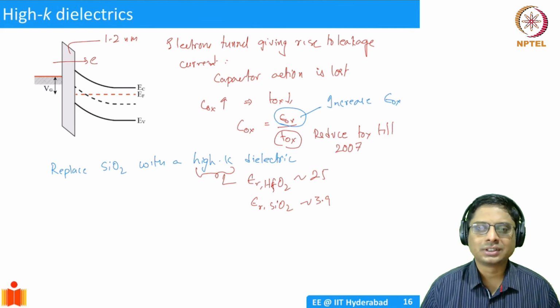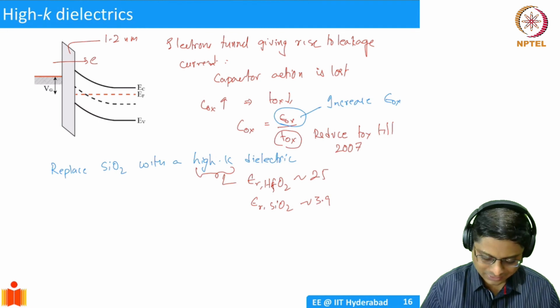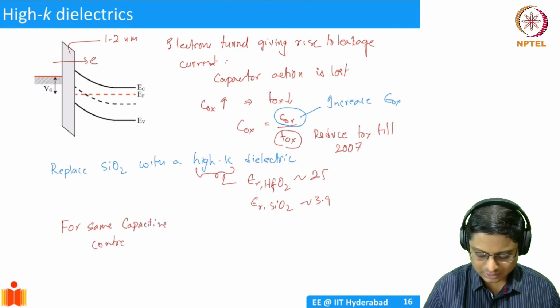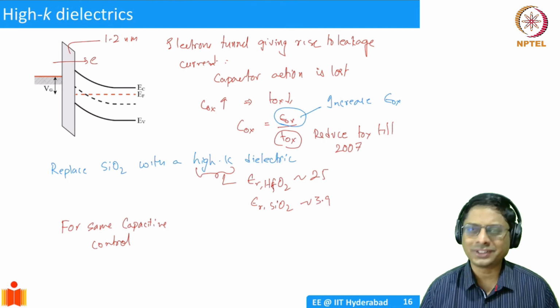So what it effectively lets you do is, let's imagine, for the same capacitive control, essentially the oxide capacitance, or gate capacitance, should be the same.